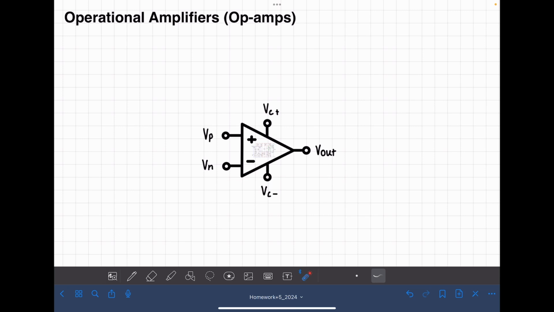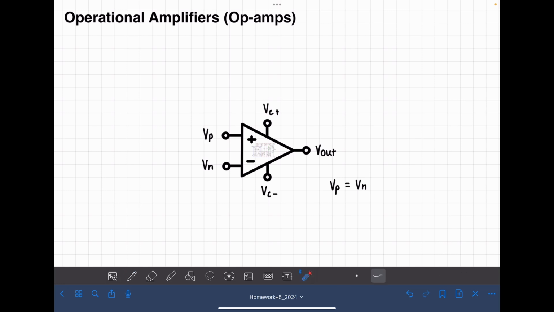Alrighty, so there are a couple of rules that we have to follow when we're dealing with this simplified model of an op amp. First off, we know that VP will be equal to VN. So the voltage at this node and the voltage at this node will always be the same when we're analyzing this within a circuit.